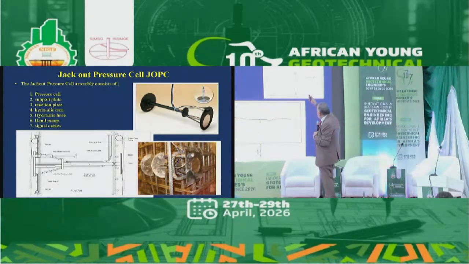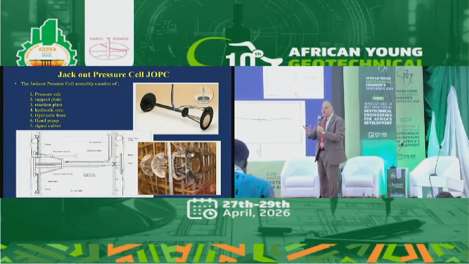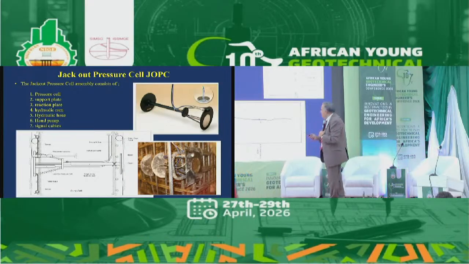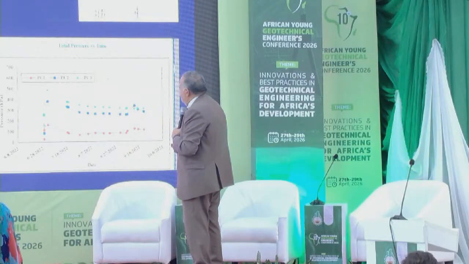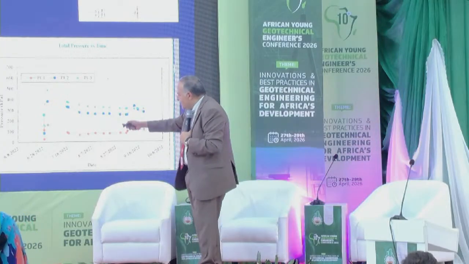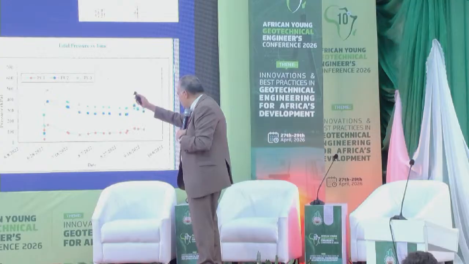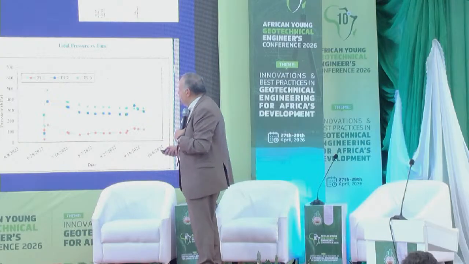And as you can see, they are all at the same vertical stress because we installed it at one depth. This is at 3 depths in one station. And this is basically the changes in the horizontal movement with the pressures with time.